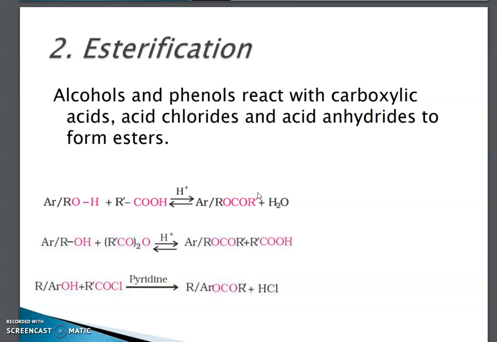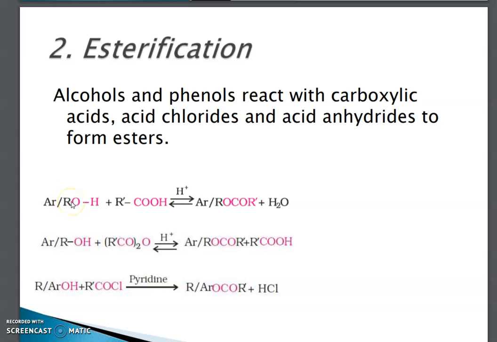Alcohols and phenols have the ability to form esters when they react with carboxylic acids, acid chlorides or acid anhydrides. Both alcohol and phenol will form esters. Let's check one by one. If it is Ar, it denotes phenol.